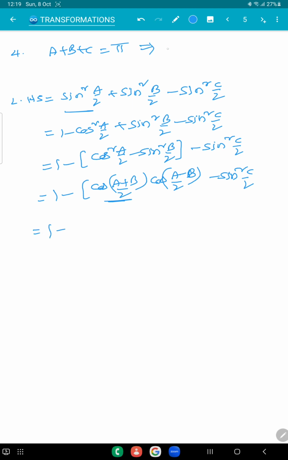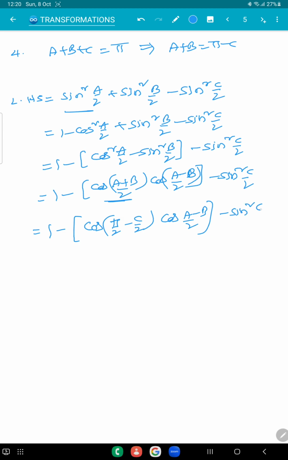So from this one, a plus b is equal to pi minus c. So (a plus b) by 2 is, bracket is still here, cos of (a plus b) by 2 is pi by 2 minus c by 2, cos (a minus b) by 2, bracket closed, minus sine square c by 2.